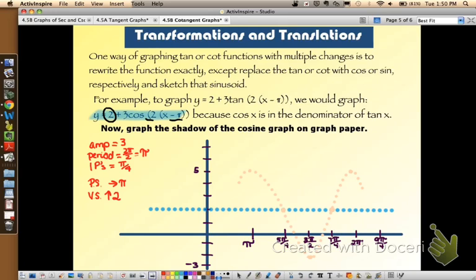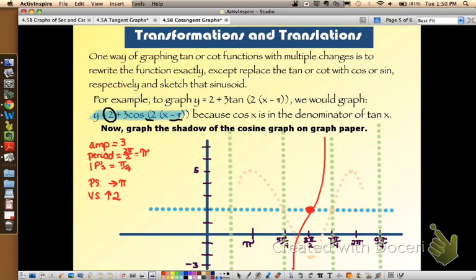And you can kind of see there's the shadow of the cosine curve. And you can see that when the curve hits that blue bar, that's where you're going to have those asymptotes. And then halfway in between those two bars is a zero of the function. And then again, since we're doing tangent, we're going to sketch it in this direction.